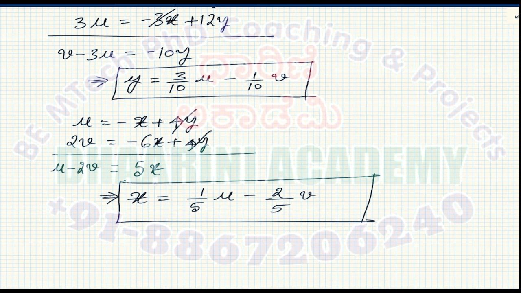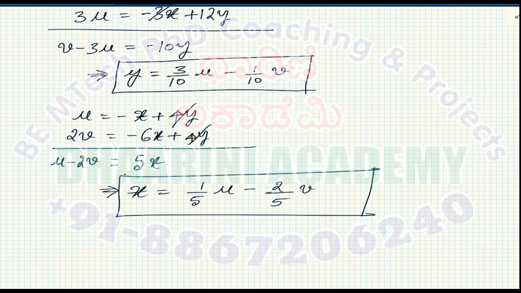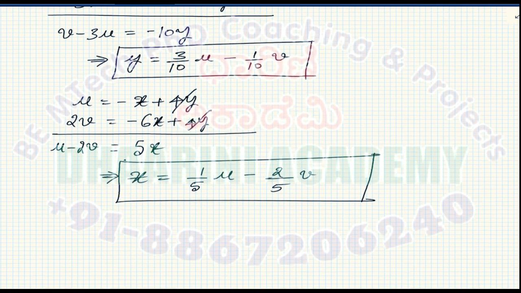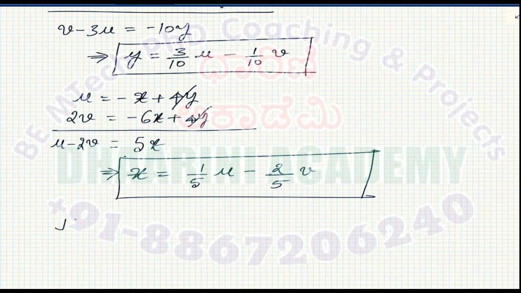Now we want to write the Jacobian. Just remember, the Jacobian J, my answer should be in terms of u and v.